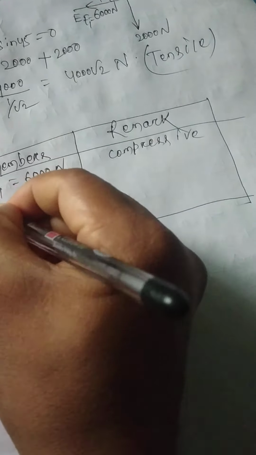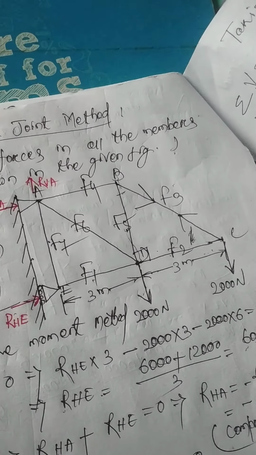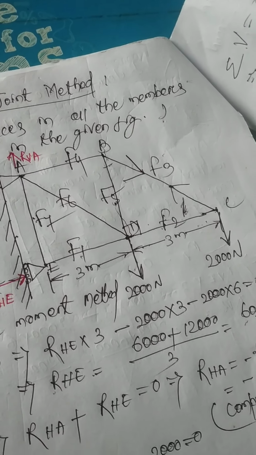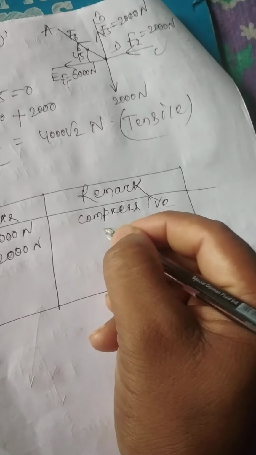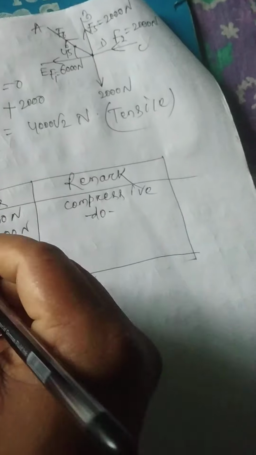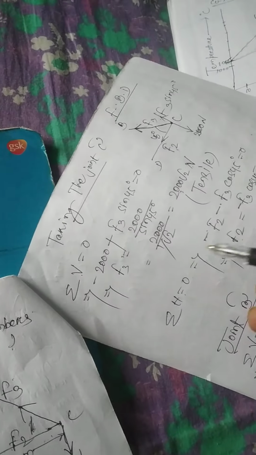Then serial number 2, F2. What is the value of F2? We got F2 is minus 2000 Newton, that is compressive. So we can write here 2000 Newton, so it is compressive. Then serial number 3, F3. What is the value of F3? We got F3 is equal to 2000 root 2 Newton, that is tensile.